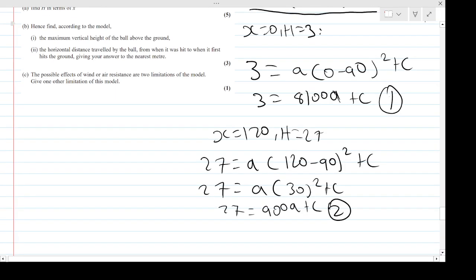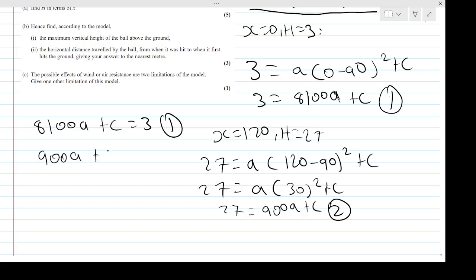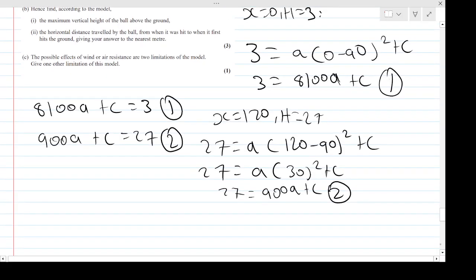If I write it down more clearly, say here, 8,100a plus c equals 3, that's equation 1. 900a plus c equals 27, and that's equation 2. These are simultaneous equations which you can solve for a and c, which I should know how to do from G. So again, we will look at this in the next section. We will look at simultaneous equations, but for now, how can we solve it?